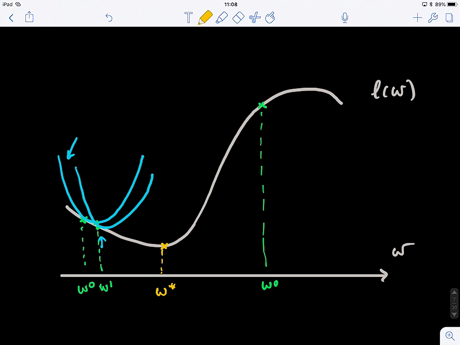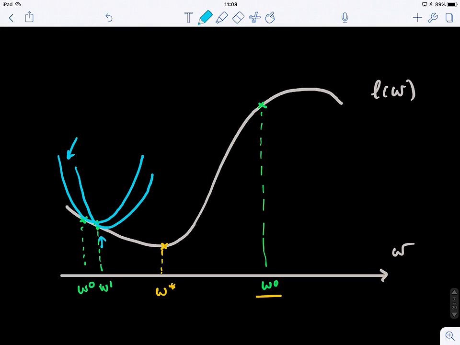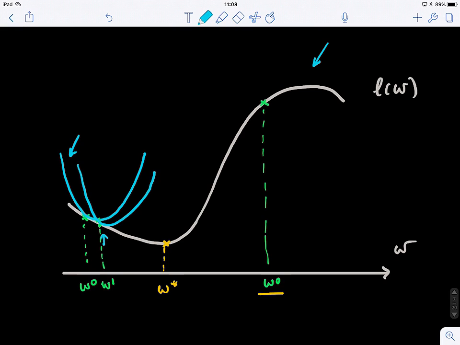Now, if we start at the second initial point, W0, you guys notice that this is a concave part of the function, right? So its curvature is negative, so the approximating function's curvature cannot face upward, right? To approximate it, it will be something like this, okay?